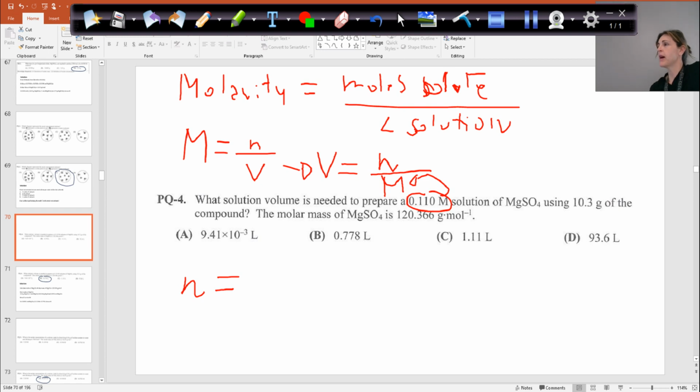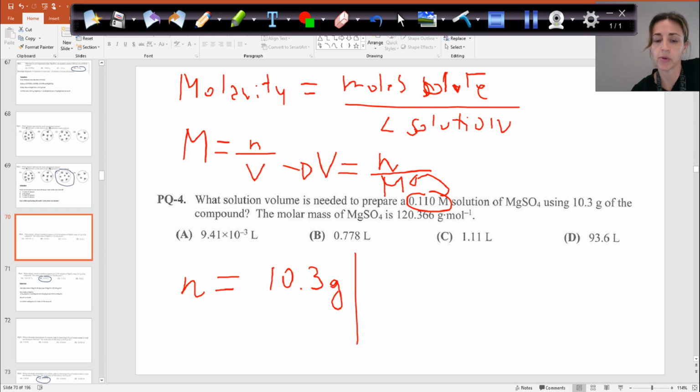So if I have the mass of a compound, how do I find how many moles that is? It's usually mass, right? So that's our starting point. How do I use the molar mass?